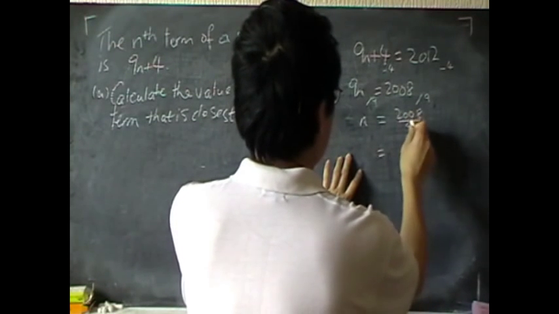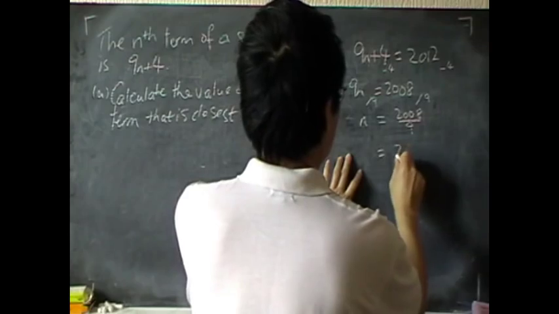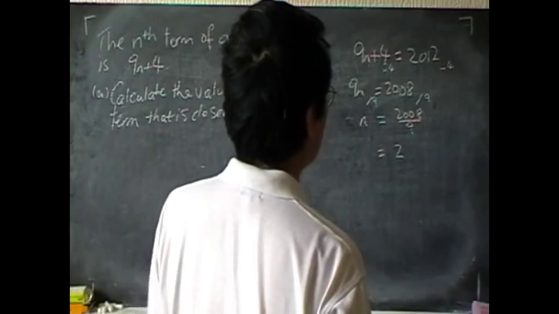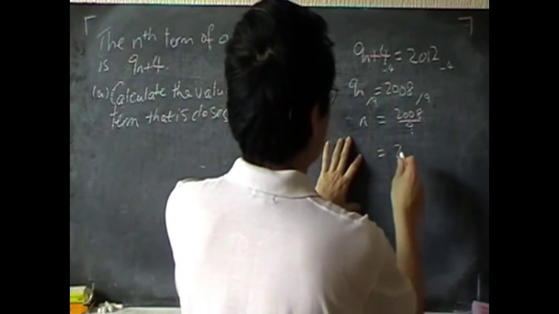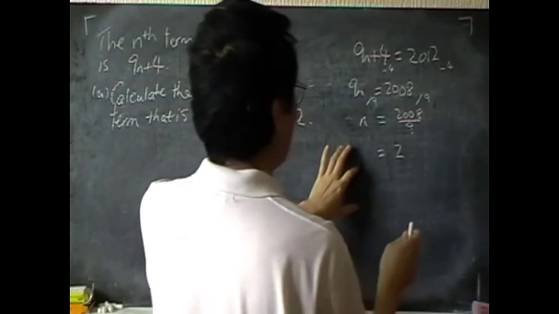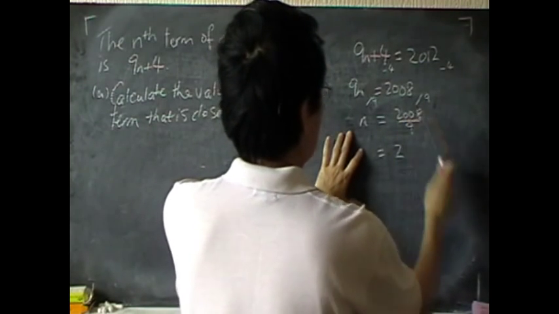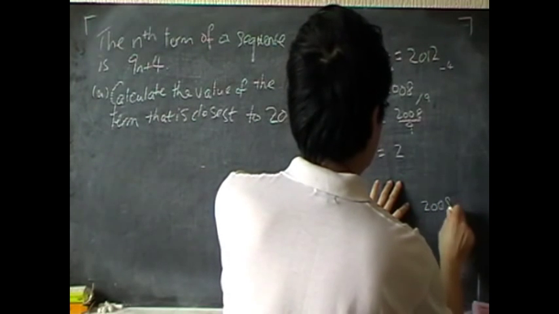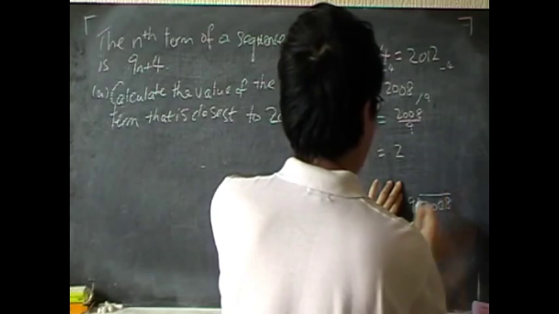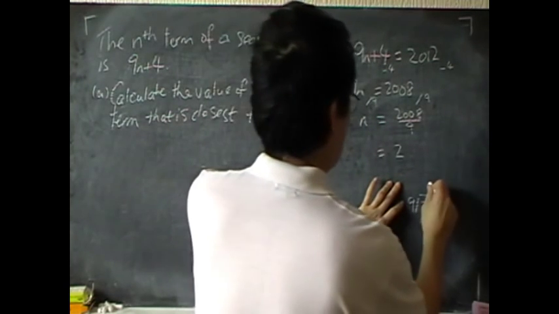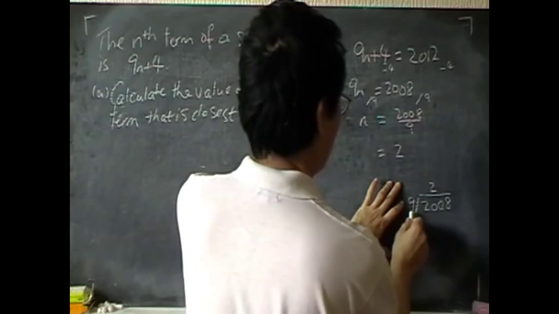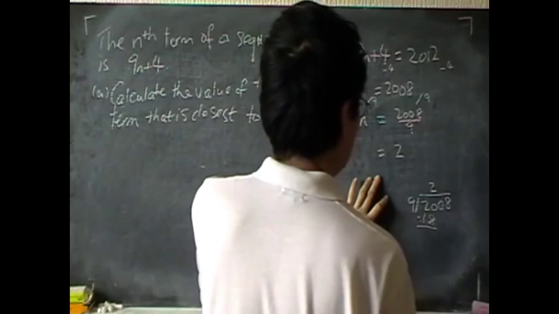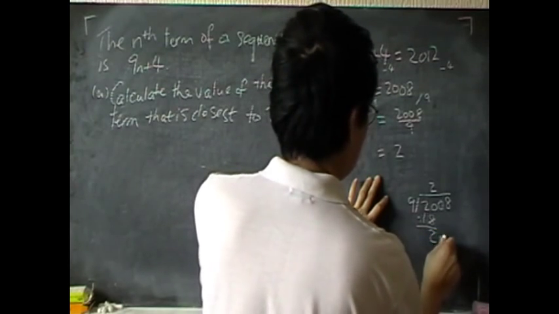If I divide 2008 by 9, 2 times 9 is 18. Subtract from 20 gives a 2.